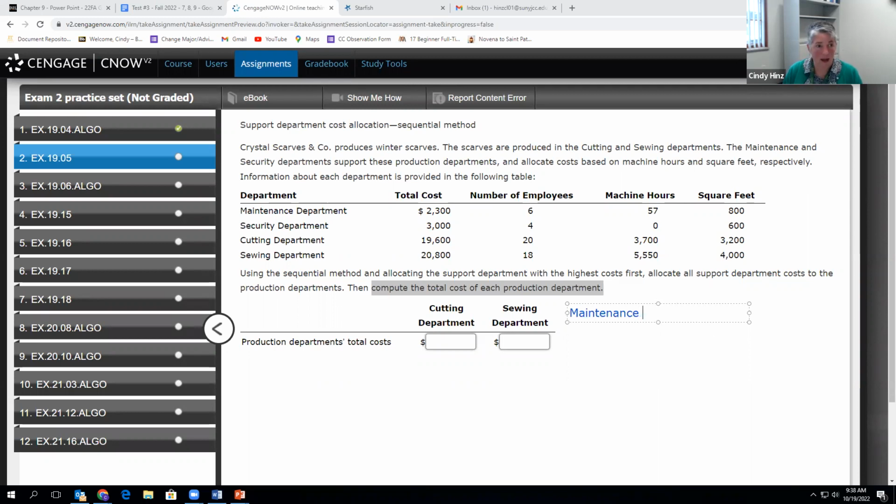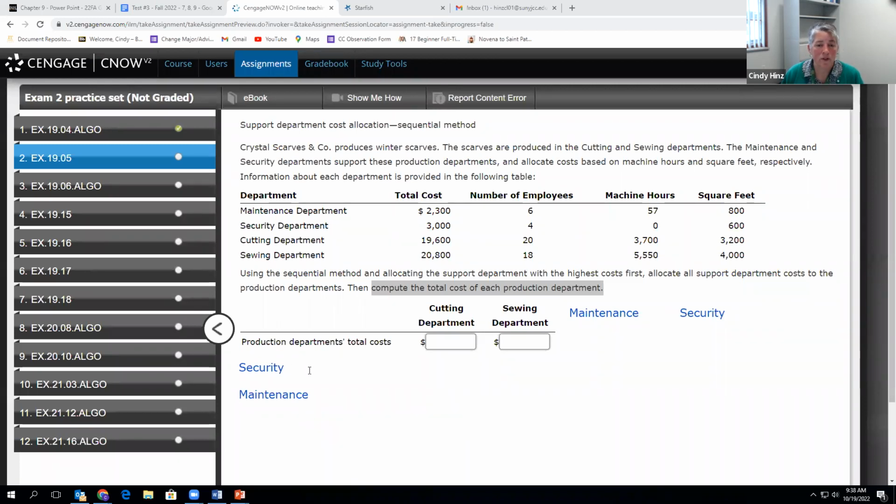And I'm going to add a column for the security department. And down here, I'm going to add a row for the security department and a row for maintenance. I'm going to give myself a little bit more room. I didn't like how close they were together.